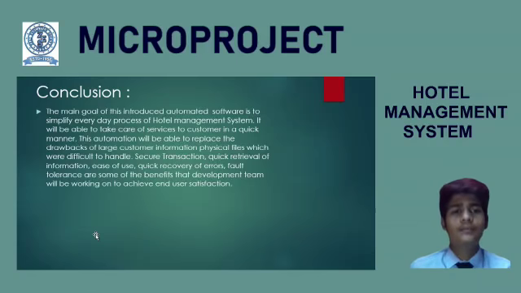Secure transactions, quick reliability of information, ease of use, quick recovery from errors, and fault tolerance are some of the benefits that the development team will be working on to achieve end user satisfaction.